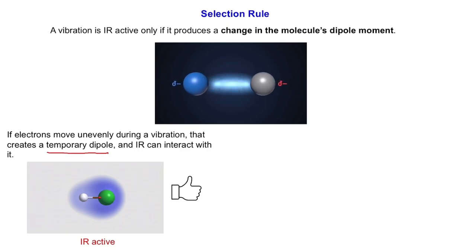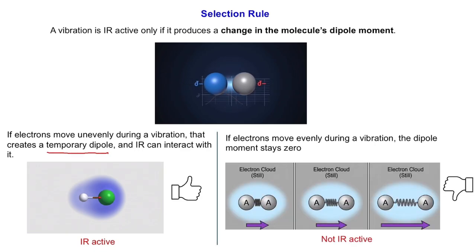But if the vibration moves the atoms in a perfectly symmetric way, the electrons never shift towards one side more than the other, meaning the molecule has no change in dipole moment, and the vibration remains IR inactive.